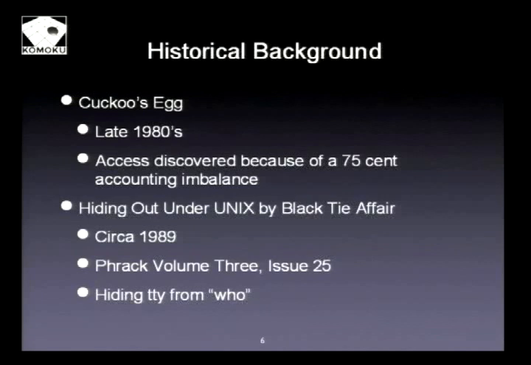And it turned out to be a relatively sophisticated group operating out of, I think it was Germany, that had penetrated the system, and a number of others as well.